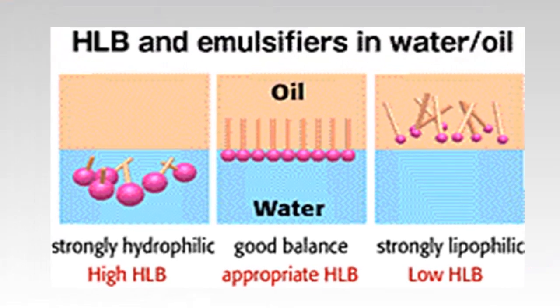An emulsifier consists of a hydrophilic, water-soluble, part and a lipophilic, oil-soluble, part. When an emulsifier is added to a mixture of water and oil, the emulsifier is arranged on the interface, anchoring its hydrophilic part into water and its lipophilic part into oil.